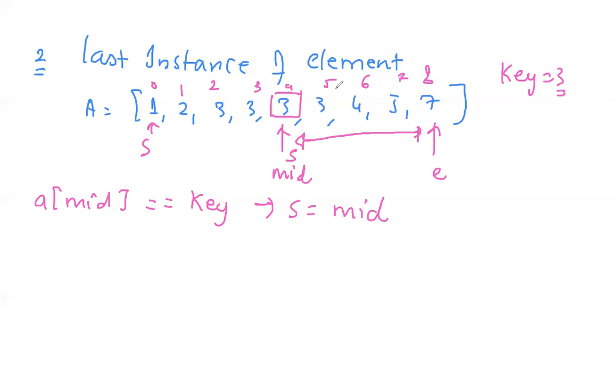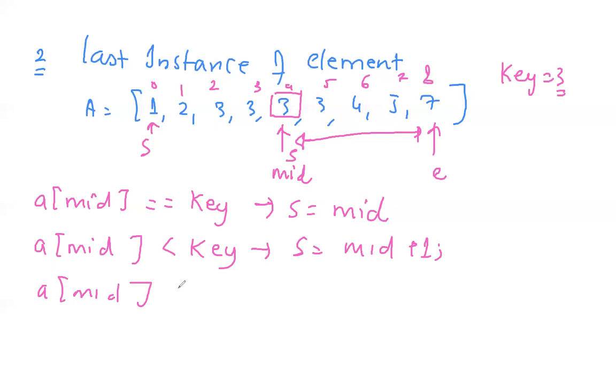Very simple turn of events, right? Now, if A of mid is less than key, that means the key is greater than mid, so again you have to look into the right-hand part. Else, if A of mid is greater than key, then you have to look into the left-hand part. That's the last instance.